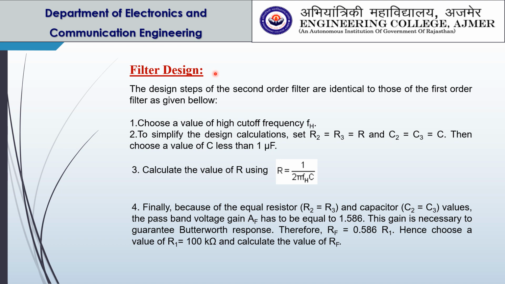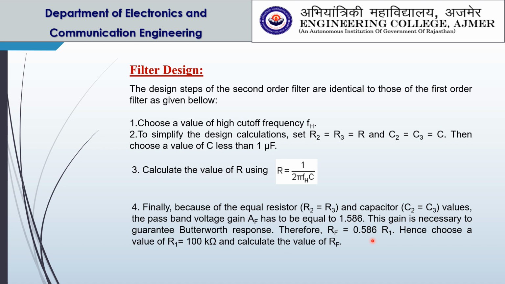Finally, because of the equal resistor R2 equal to R3 and capacitor C2 equal to C3 values, the passband voltage gain AF has to be equal to 1.586. This gain is necessary to guarantee Butterworth response. Therefore RF equal to 0.586 R1.